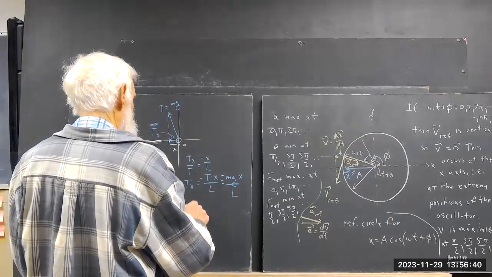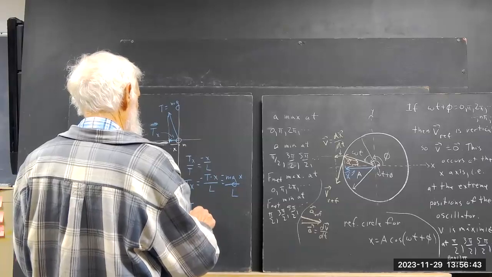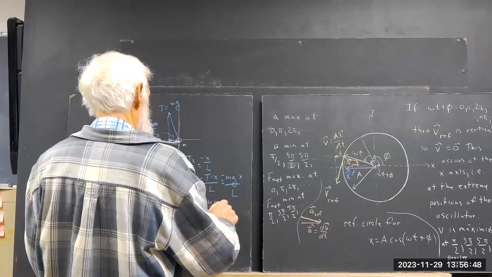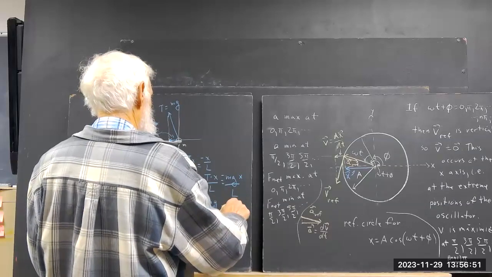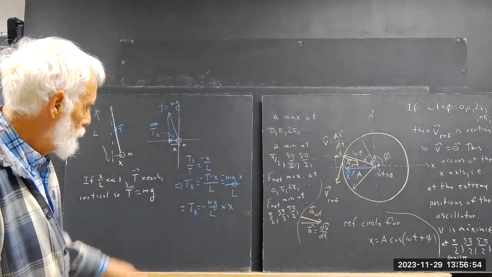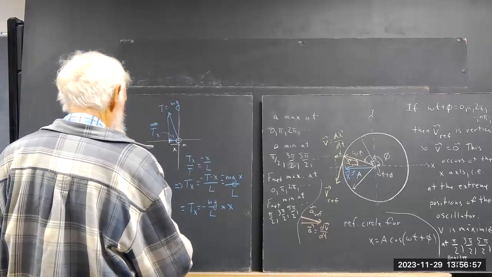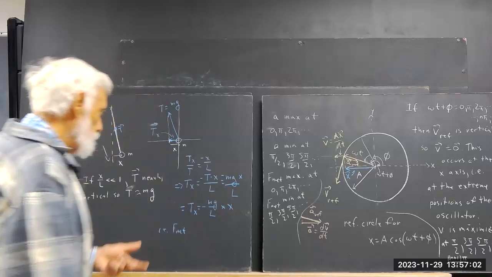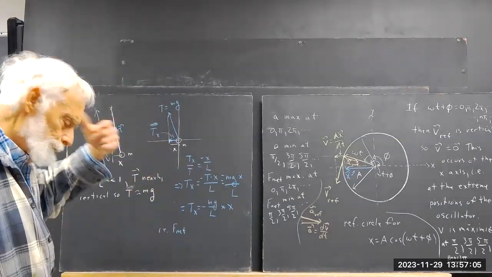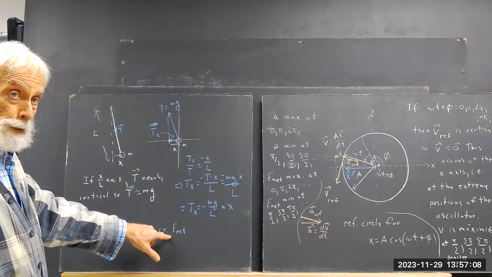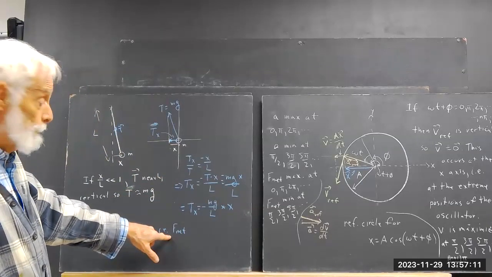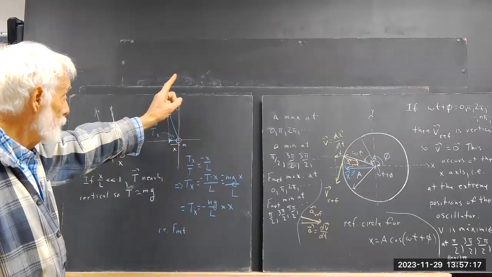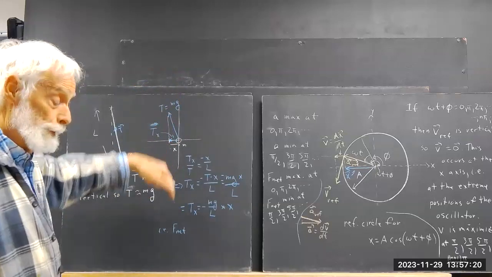So we find that Tx is negative mg over L times X. If everything's conservative, nothing is dissipative, no drag or anything, then this tension is the net force, because this tension is canceled by gravitation.